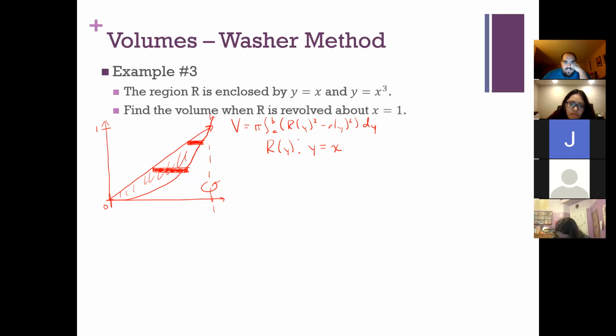For any given y value, how would I get that radius? Would it be 1 minus y?